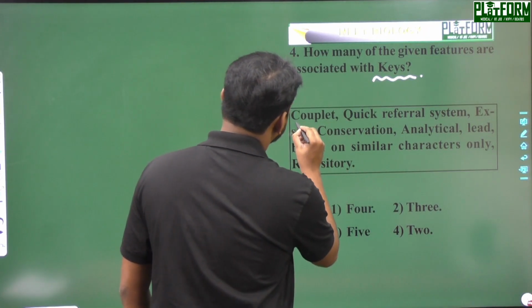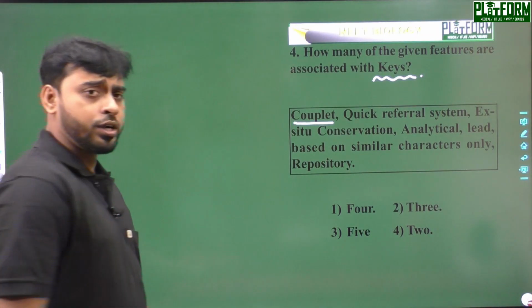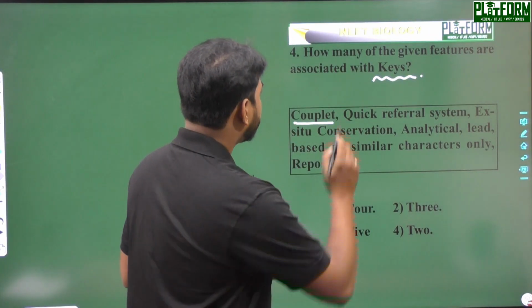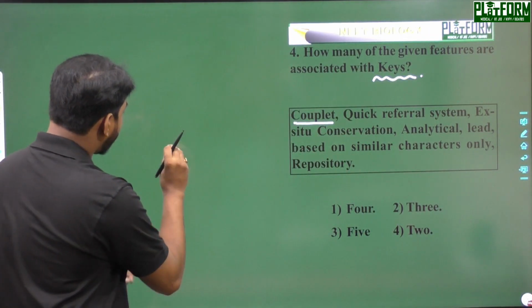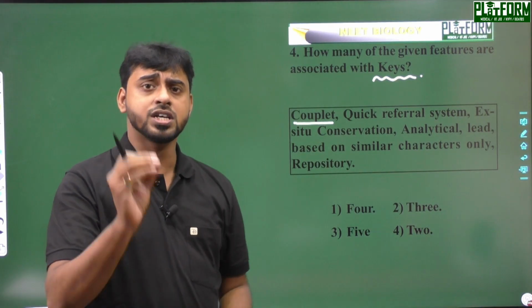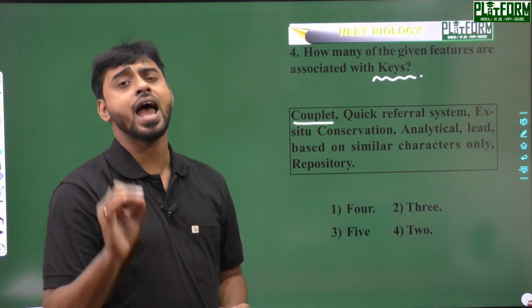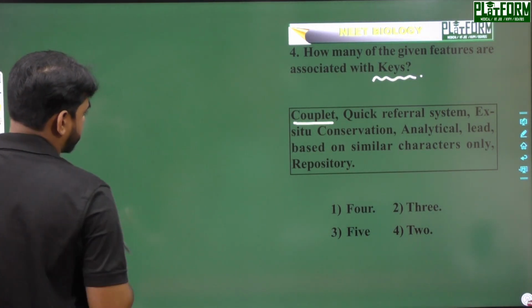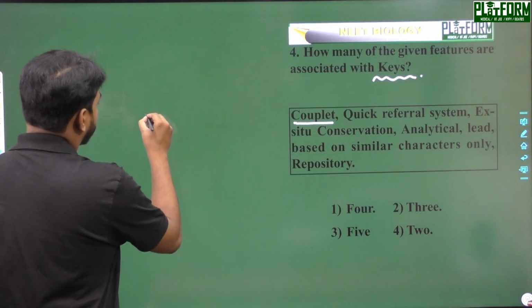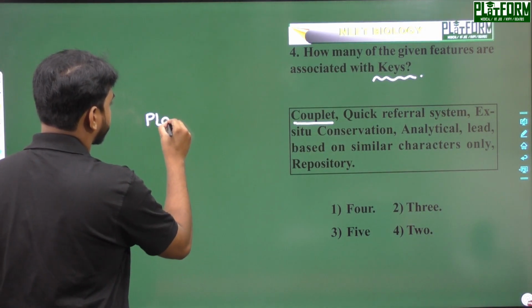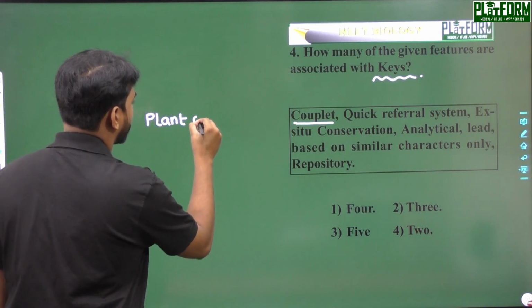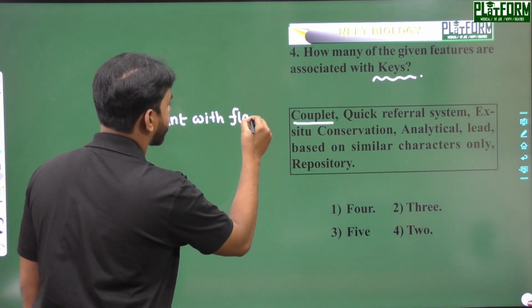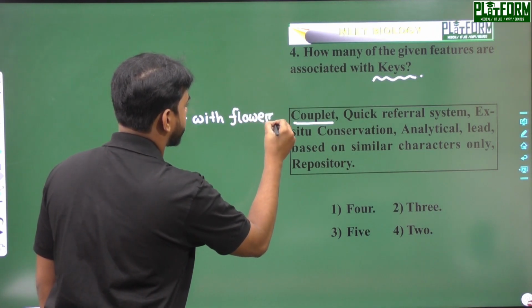The first one is couplet. What do you mean by the couplet? Now, we know that in a key, there are several statements which are used as a clue for the identification of an organism. So these statements are like, suppose, the plant with flower. This is statement 1.